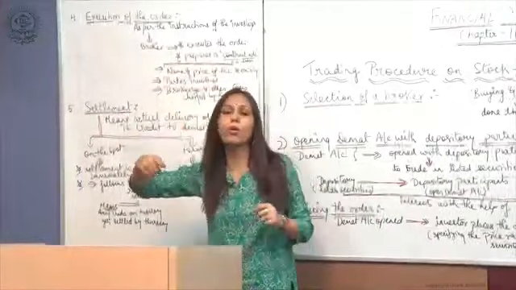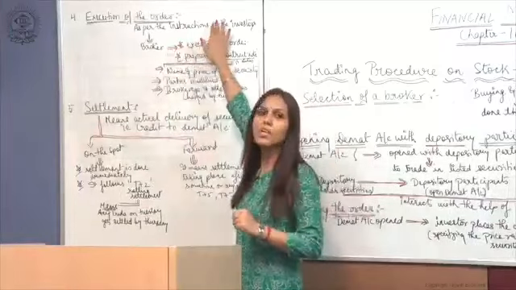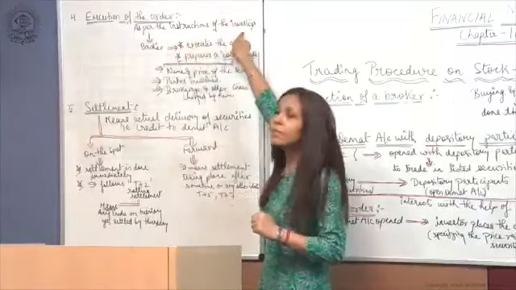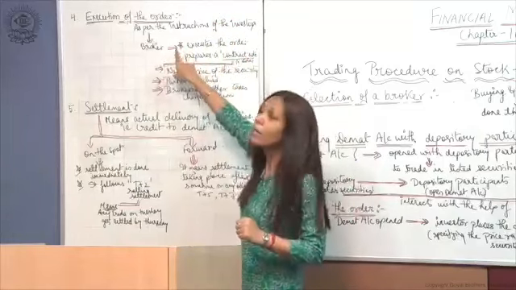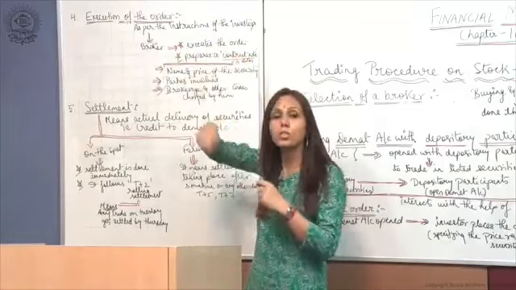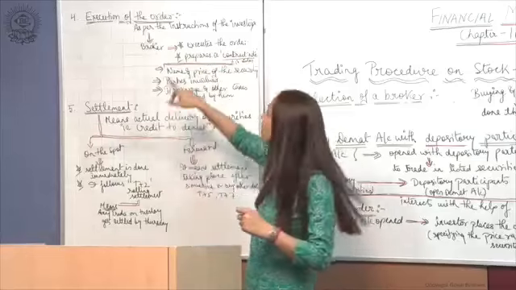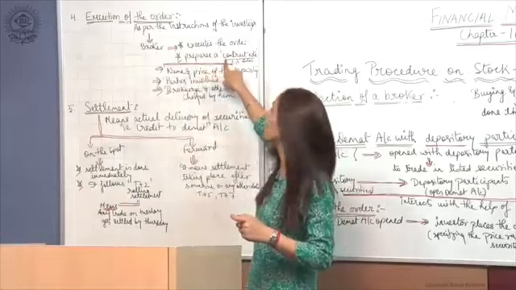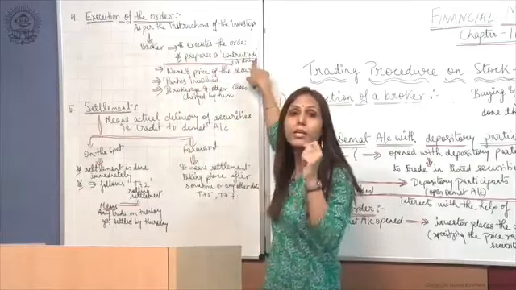After placing the order, now comes the role of the broker. As per the instructions given by the investor, the broker will execute the order. He will finally place the order, and he will prepare a contract note. Now, what is a contract note?